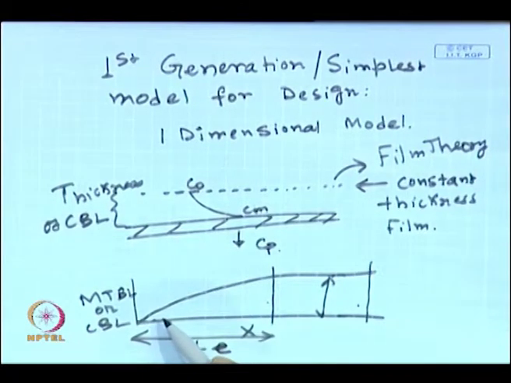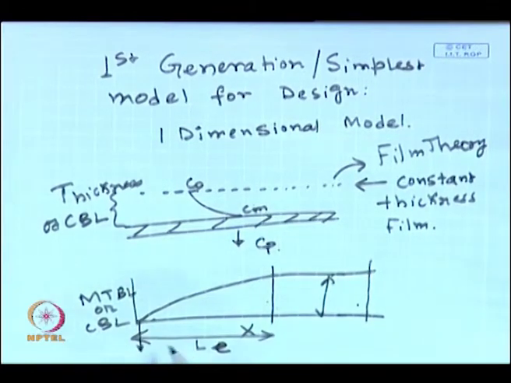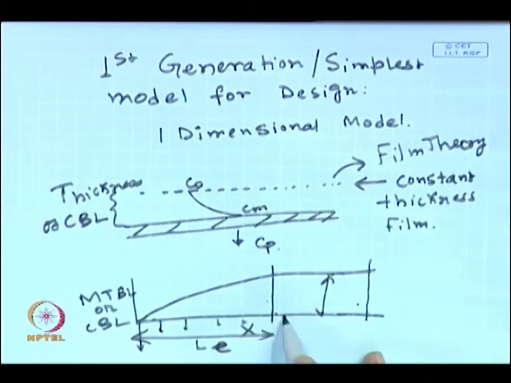Since the thickness is small, it offers low resistance against the solvent flux. So at the initial part of the channel you will get high permeate flux or high productivity. Later on it decreases gradually as the mass transfer boundary layer grows, and when it becomes fully developed, it becomes constant.